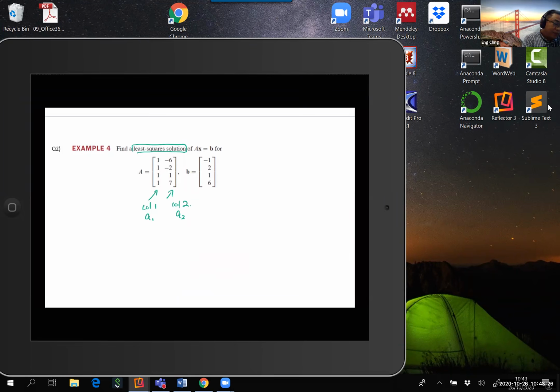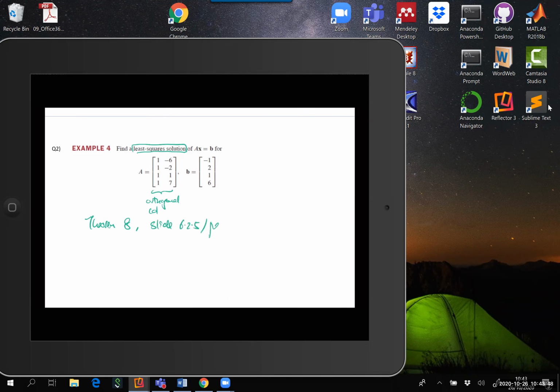Now, when we are given a matrix that has orthogonal columns, then it is very easy to solve for the least square solution because we could use the theorem, which is theorem 8 at slide 6.2.5, page number 2.